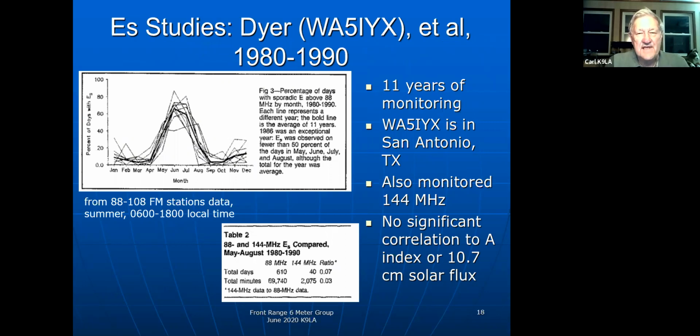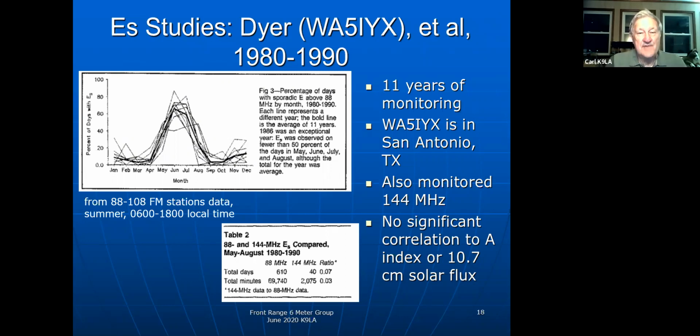And you can see he's in San Antonio, so that data is really tied to San Antonio, and he saw in June FM stations up at 100 megahertz or so had sporadic E 60 to 80% of the time during the summer.